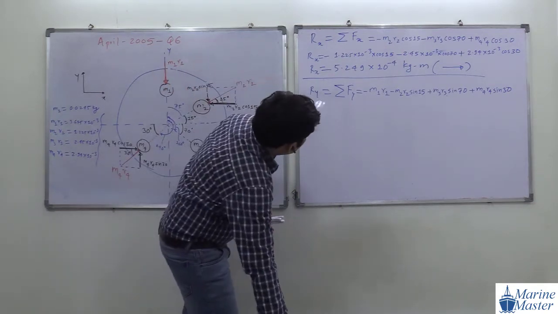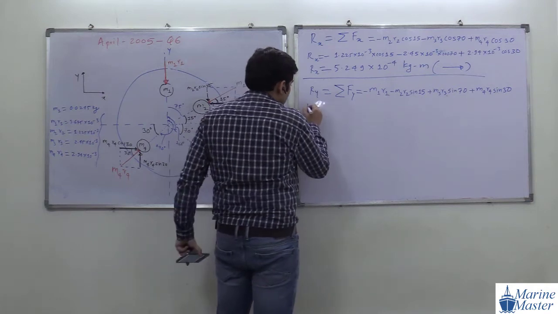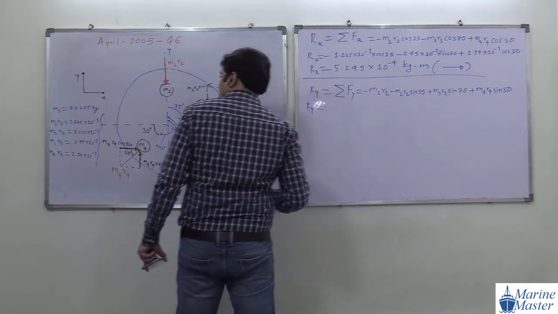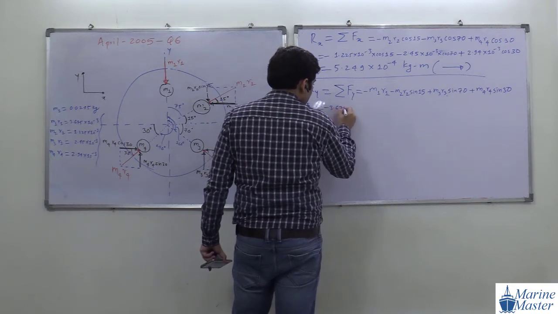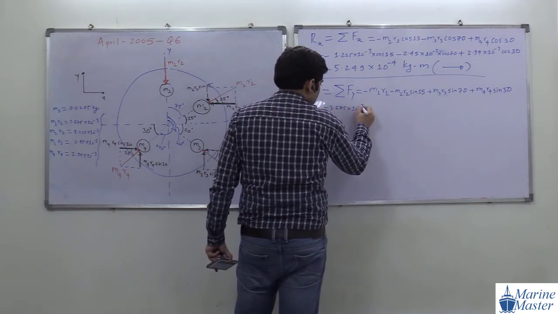Okay, good. Now we are going to put the values. M1 R1 is how much, guys? Minus 3.675 into 10 raised to the power minus 3. Check it once again.